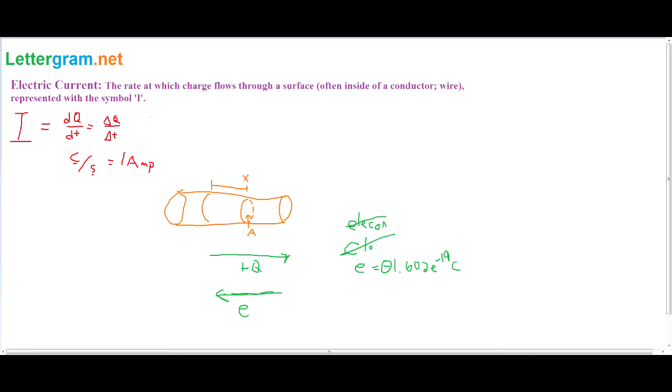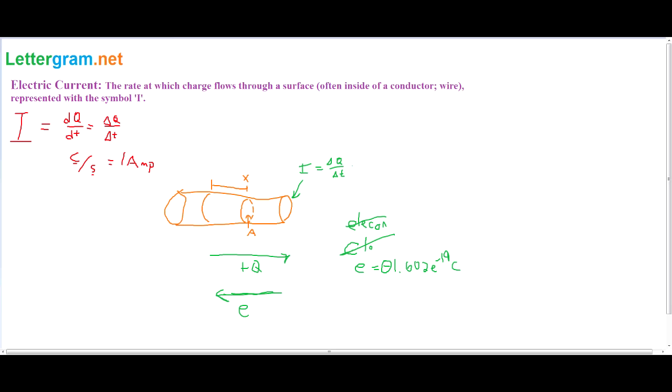Okay, and one other thing I'm going to go over real quick is inside this conductor, this wire, we have obviously a current running through this area. Now that will be equal to the change in Q over change in time.